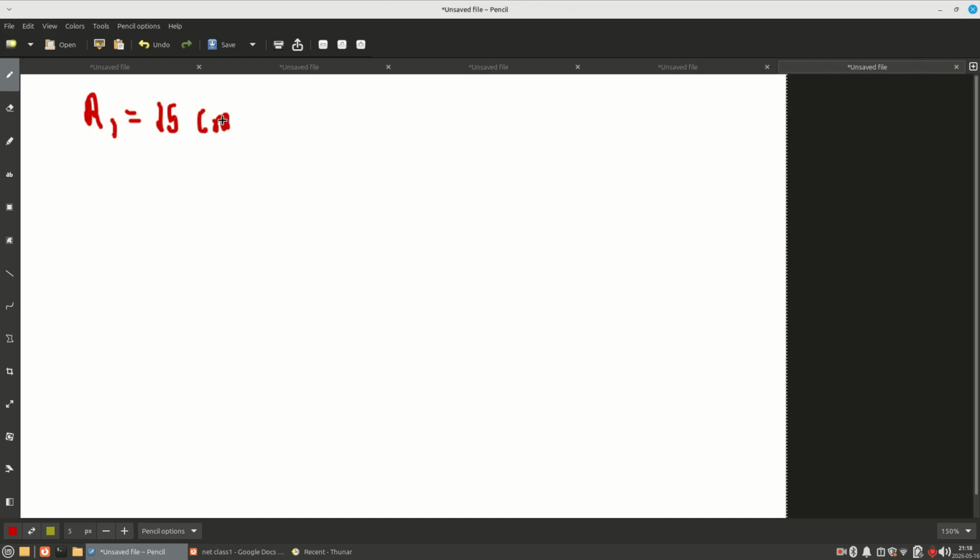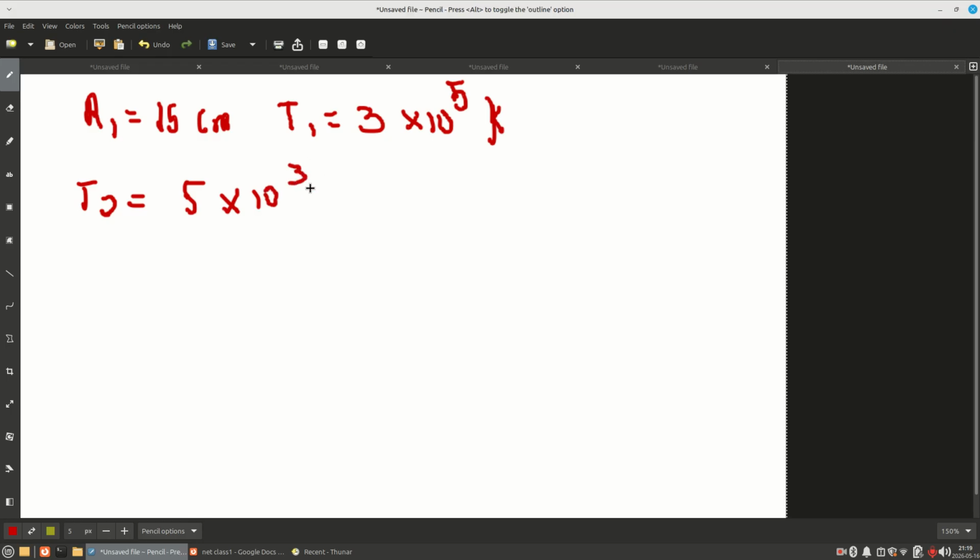The initial temperature T1 is around 3 × 10^5 Kelvin, which is around 3 lakh Kelvin, a very high temperature. T2, after the adiabatic process, is 5 × 10^3 Kelvin.